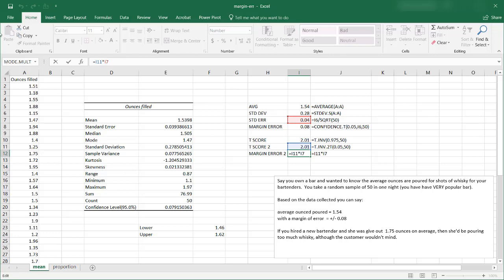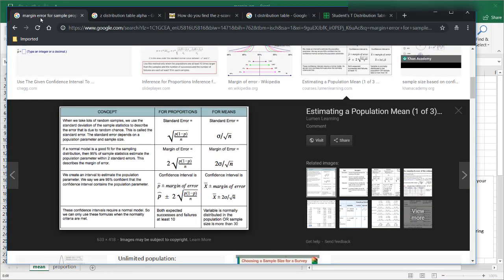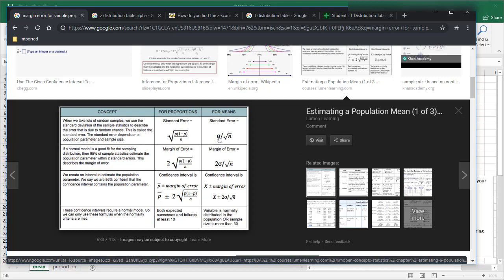That particular formula is this one, right? We were going to look for our standard error. That's our standard deviation divided by the square root of the sample size. Now, since we don't have the population, this sigma should be an S. So it's the standard error for a sample, not a population. But this one is showing you the standard error for a population.